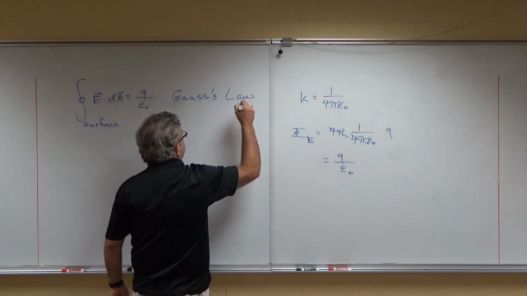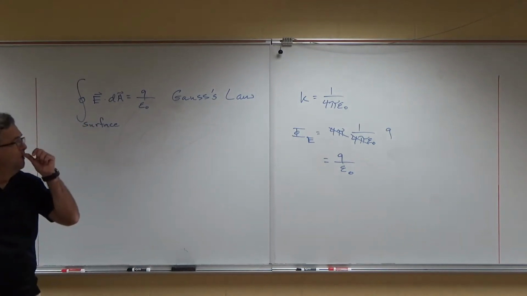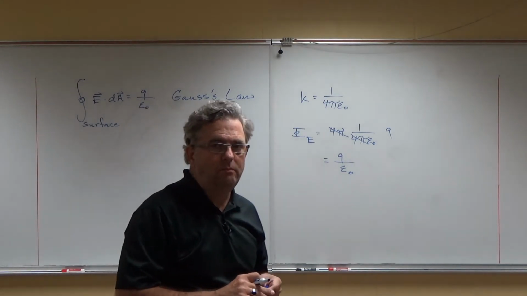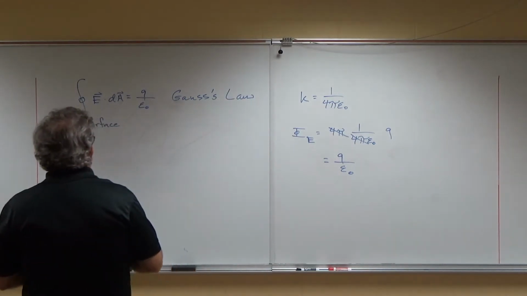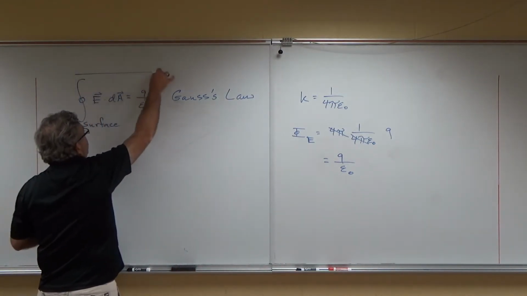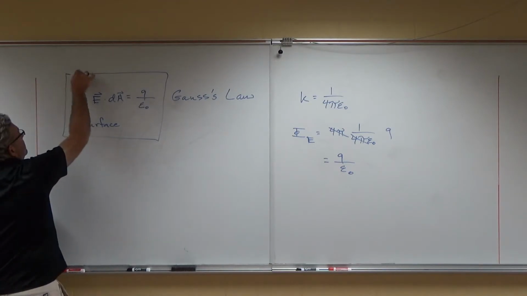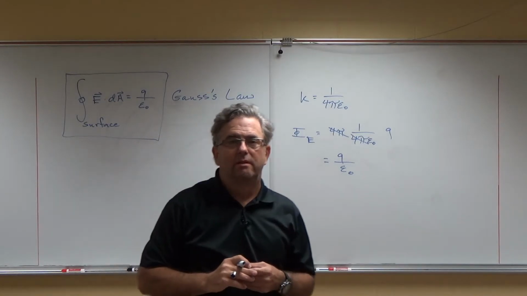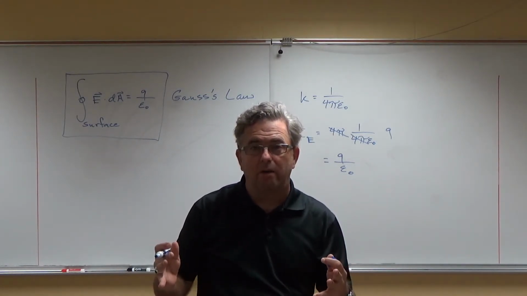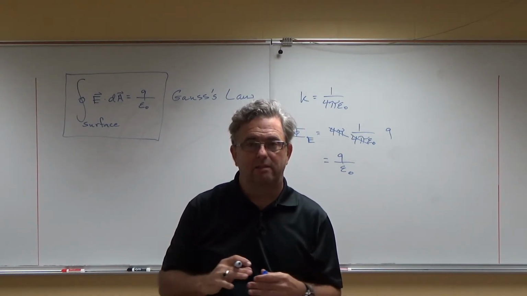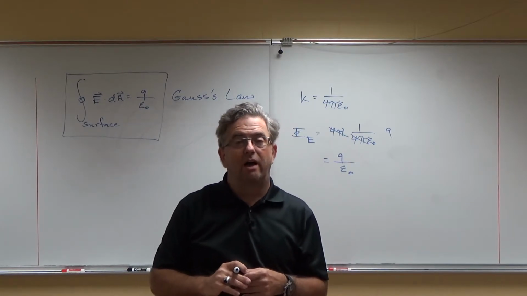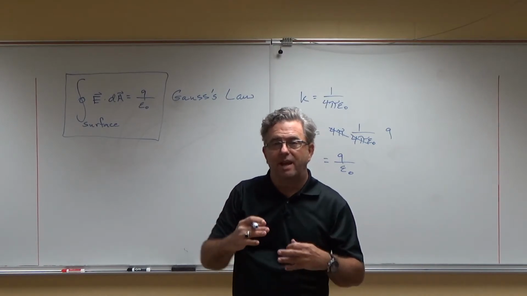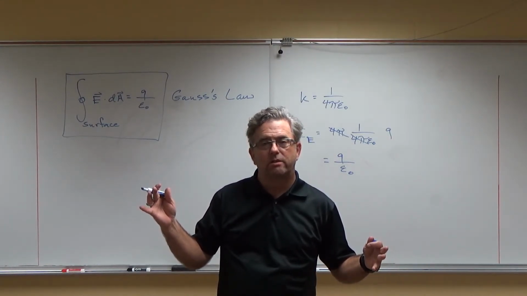I hate 3 S's, but that's the way it's done. This is a fundamental result of electrostatics. It's a law. It works in all cases. It's independent of the shape of the surface. It's independent of the area of the surface.